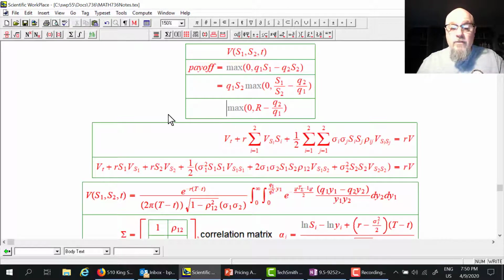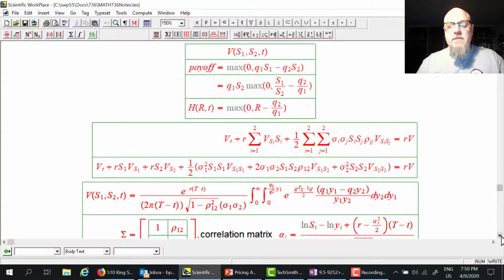So now I'm pricing something, and let's call it H. H is a function of R and time now, so it's only dependent on the ratio. If I could solve this equation, in other words get a formula for H, then I'll just multiply it by Q1 and S2, and I'm done.